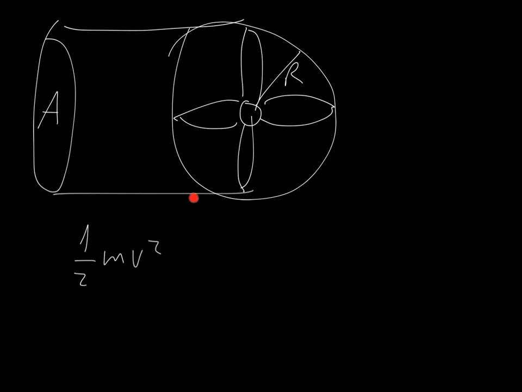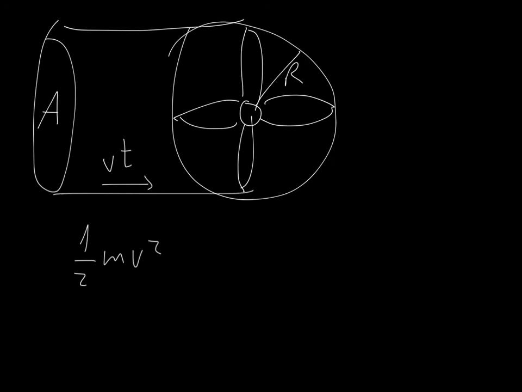And this length here, well, in a certain time t, this thing will move a distance v times t, right? So this is the speed of the wind, and this is the time that it takes. So in the time t, this has moved this much. So in a time t, this much wind will have gone through my windmill, and therefore the energy will have gone to the windmill and into electricity.